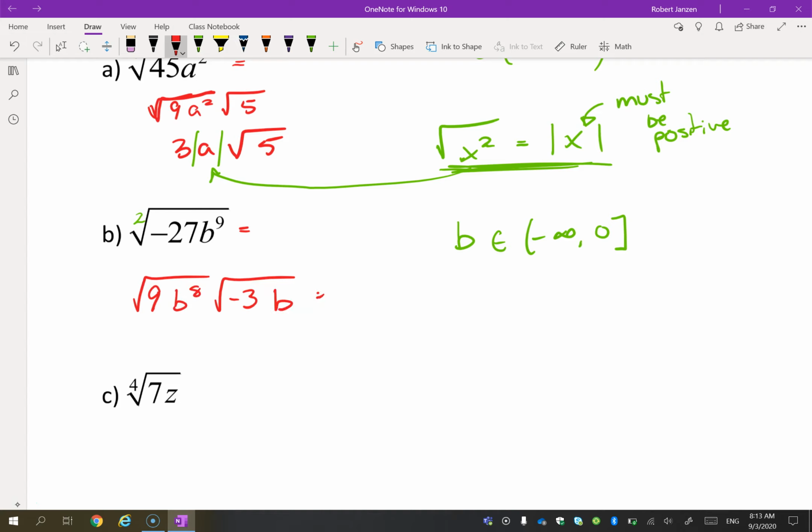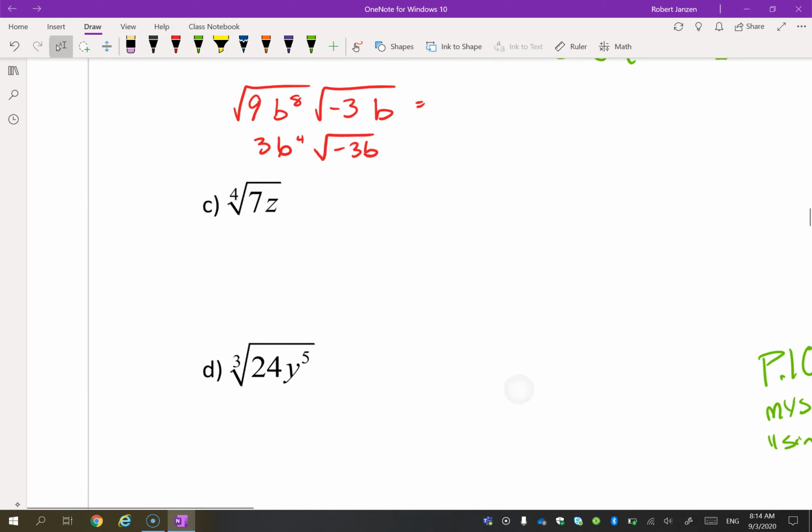And if I simplify that, this is going to be 3b to the 4, negative 3b. And since this is b to the 4th, I don't need to put the absolute value on it because it's already going to turn positive. Any value of b, if I put it to the power of 4, will be positive. Okay, so that answer is fine just like it is.